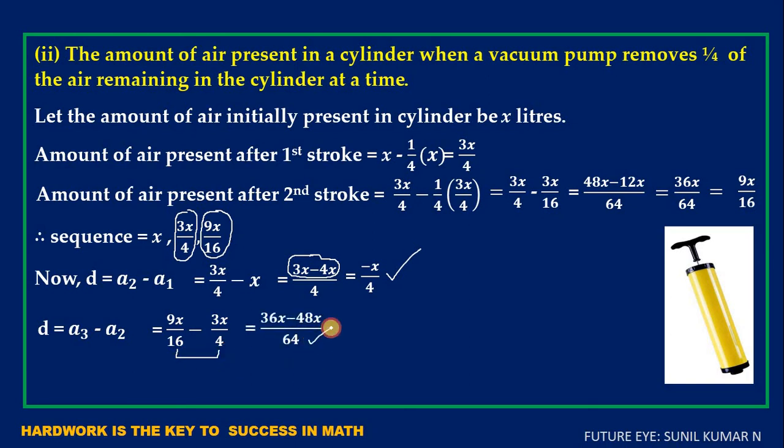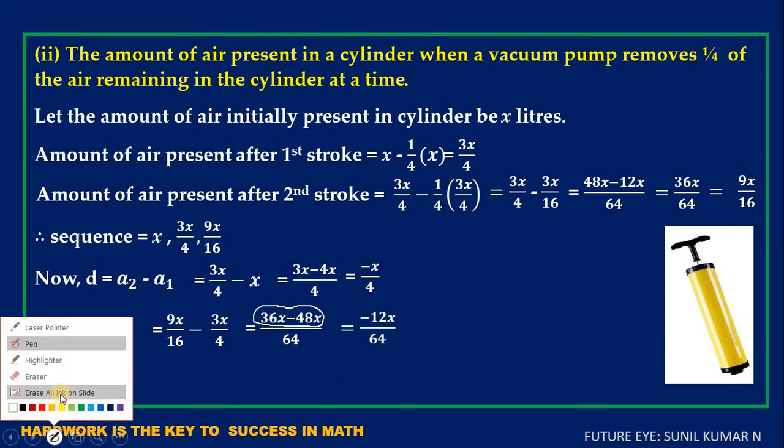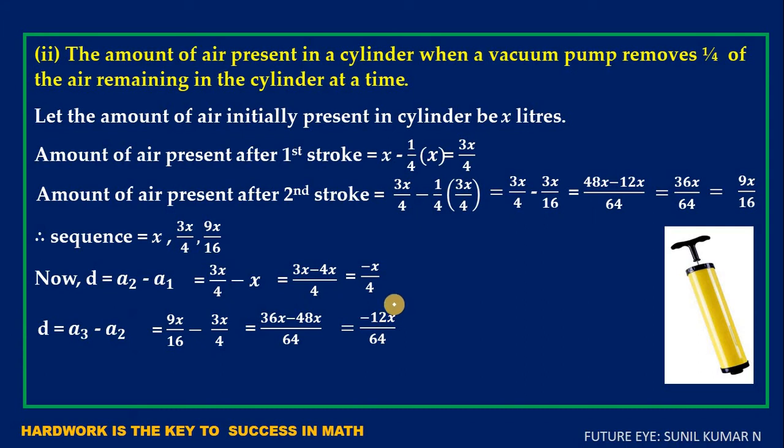Write 64 in the denominator. 9x into 4 gives 36x, and 16 again multiplied by 3x, we get 48x. Now subtract the numerators. 36x minus 48x gives minus 12x. Now let us simplify this, children. It will cancel in the 4 table. 4 3s are 12 and 4 1s are 4 and 4 6s are 24. So minus 3x by 16.